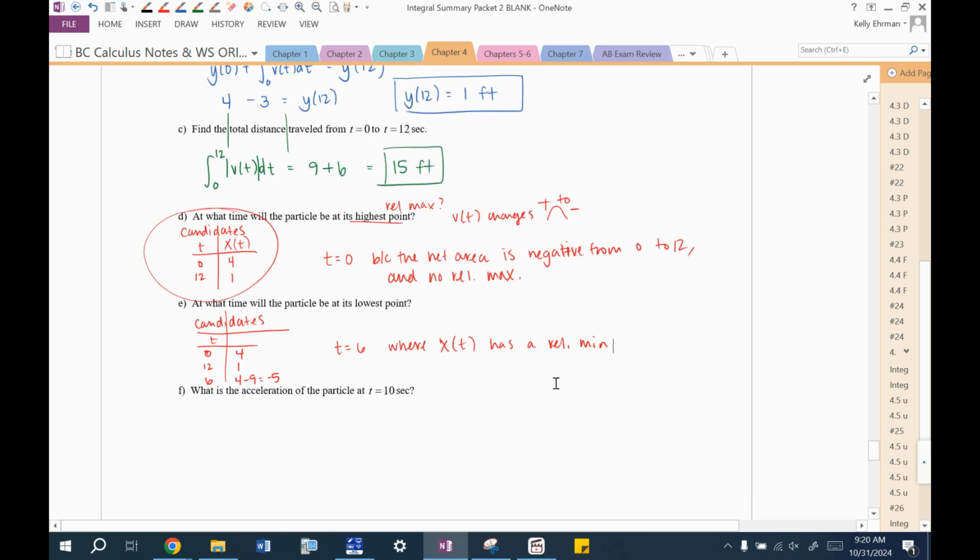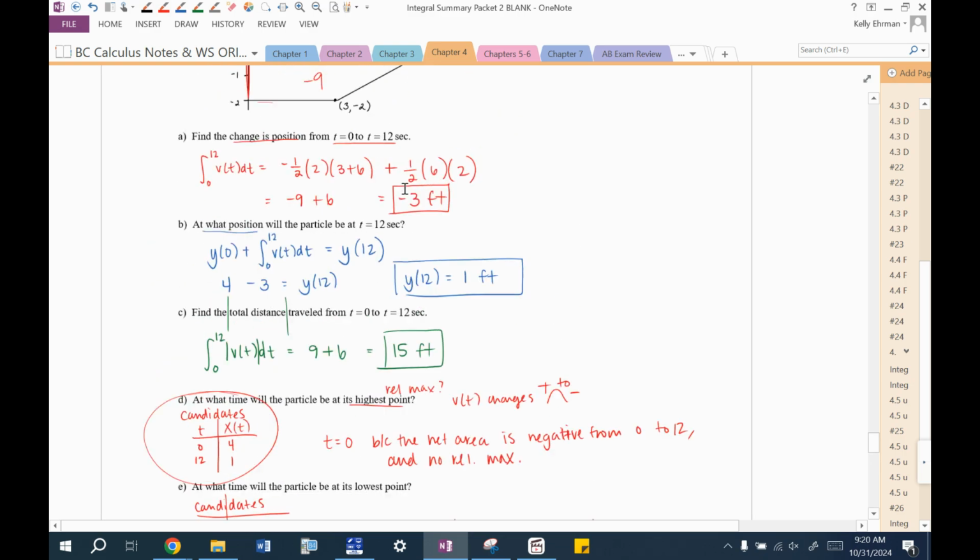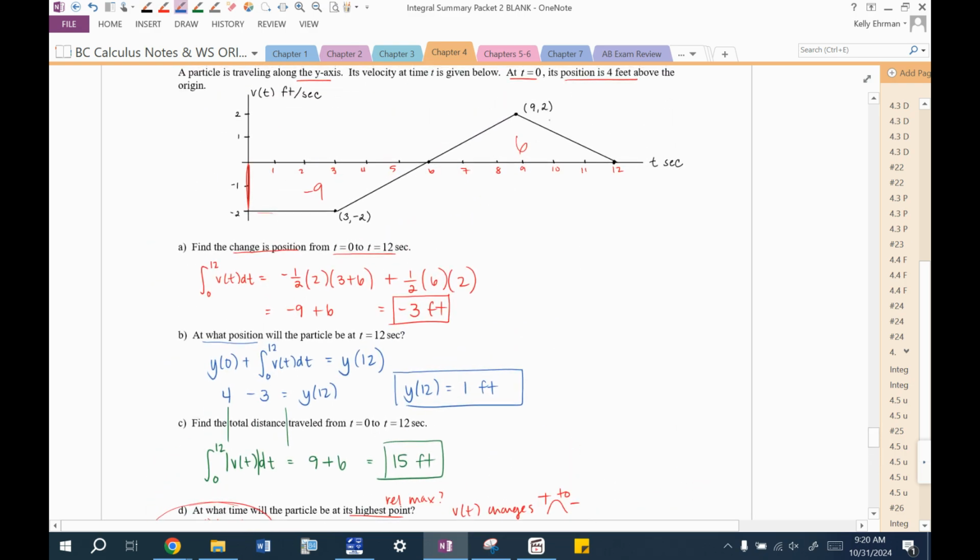What is the acceleration at 10 seconds? So a of 10 is equal to v prime of 10. And remember, that just means what's the slope of v of t at 10. At 10, we're on this portion of the graph. The slope of this whole section is a rise of negative 2 over a run of 3, so negative 2/3.